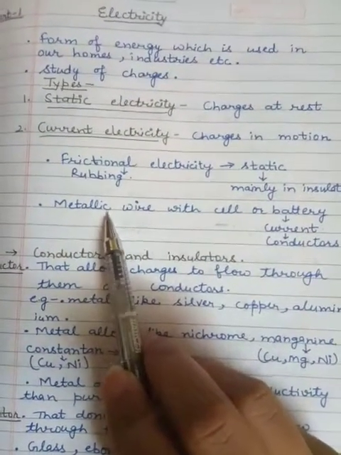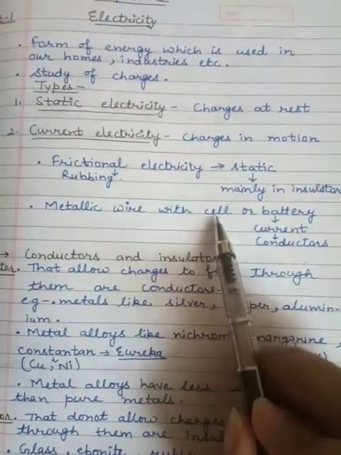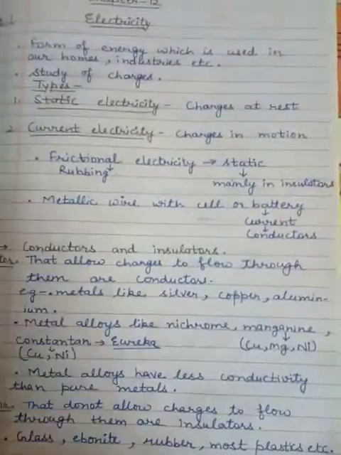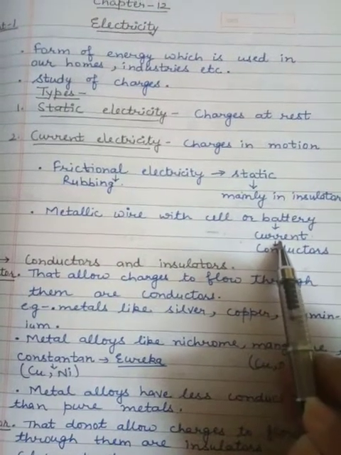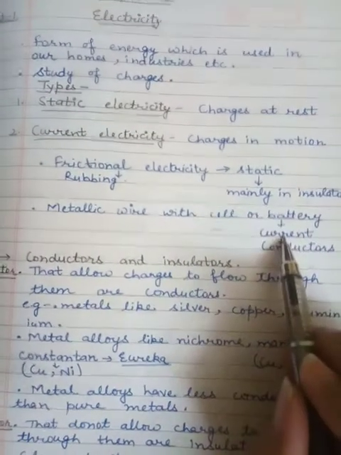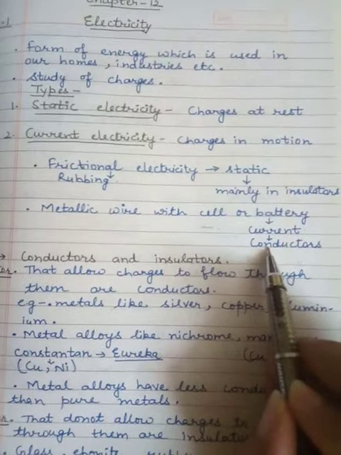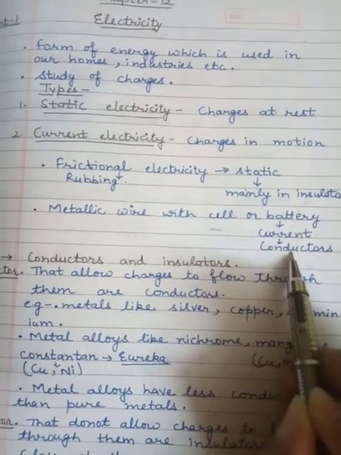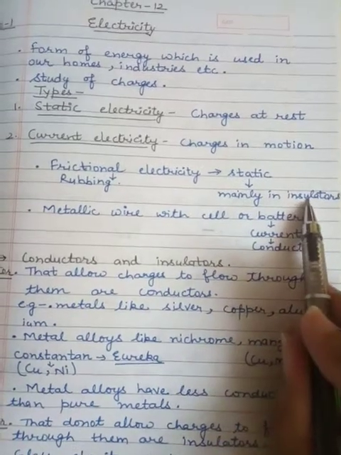Now in the case of a metallic wire, when the metallic wire is joined with a cell or a battery, then current will flow through it, and this current can flow in the case of conductors only, not in the case of insulators.